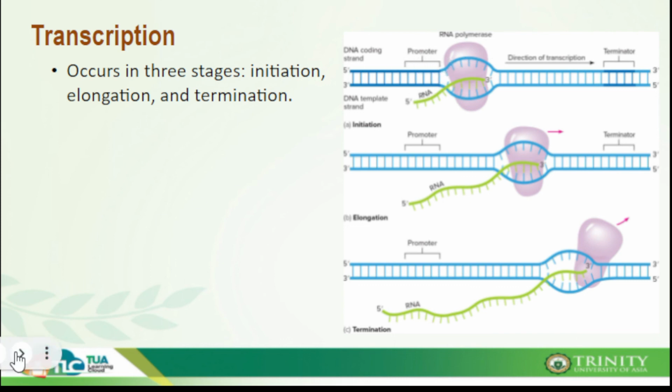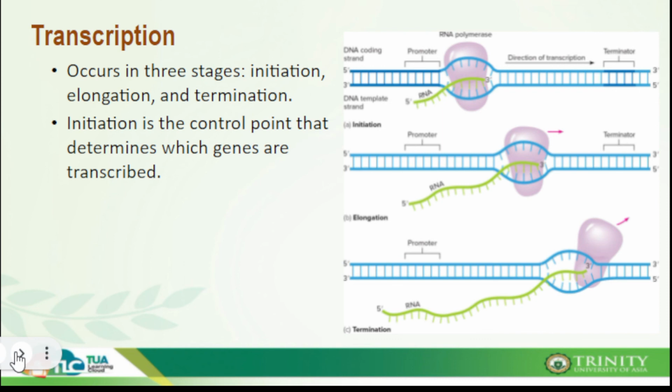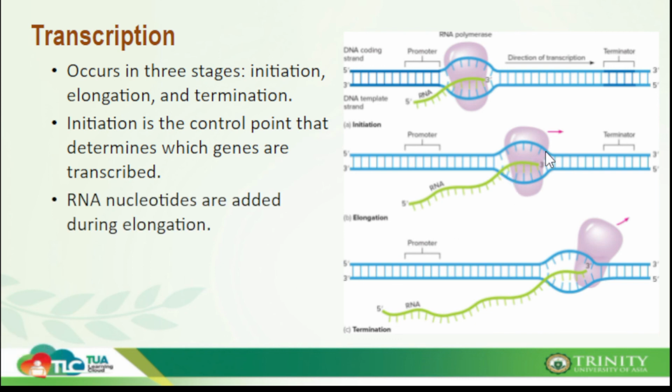Doon siya mag-i-initiate. Okay? So, initiation is the control point that determines anong genes ba yung kokopyahin, no? Anong parts ng DNA yung kokopyahin natin. So, usually, hindi lahat no, of the DNA, not the entire length, just short copies of the DNA. Eventually, once na bumukas na po, base pairs will be added to the template strand, and that is called elongation.